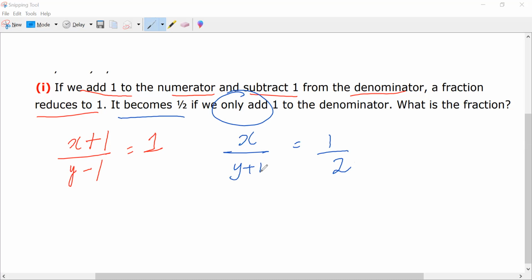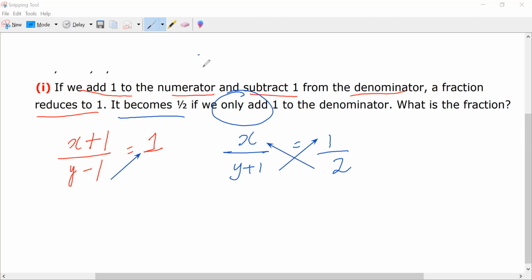Did everyone get this logic? Perfect. Then we have to cross multiply these things and get the answer. This into this and this into this.